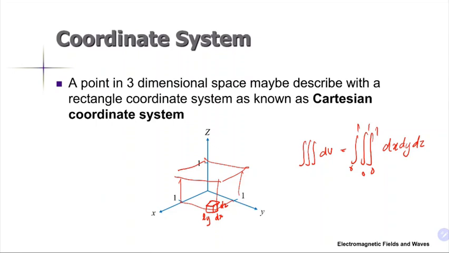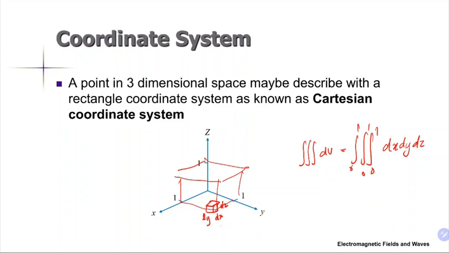There are other coordinate systems as well. I'm not sure whether you have learned them. We have cylindrical coordinate systems and spherical coordinate systems, and you can convert from one to the other. I'm not going to go into details of that at this point, but when we need them, I will run through them again as a revision.